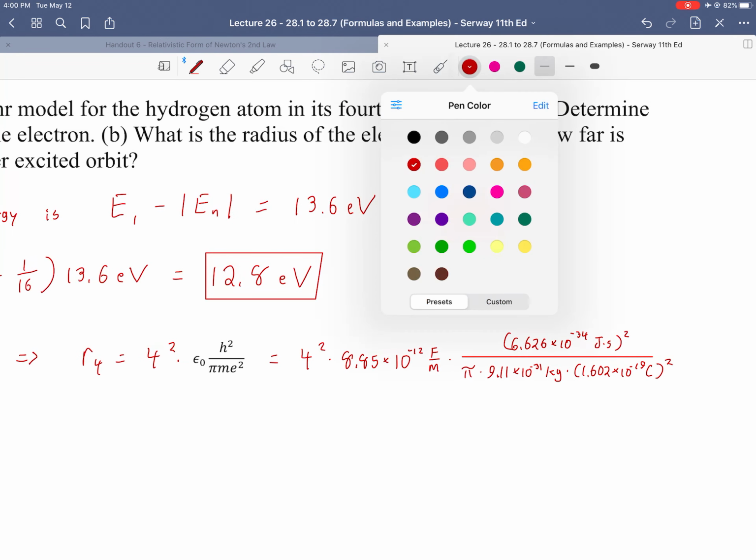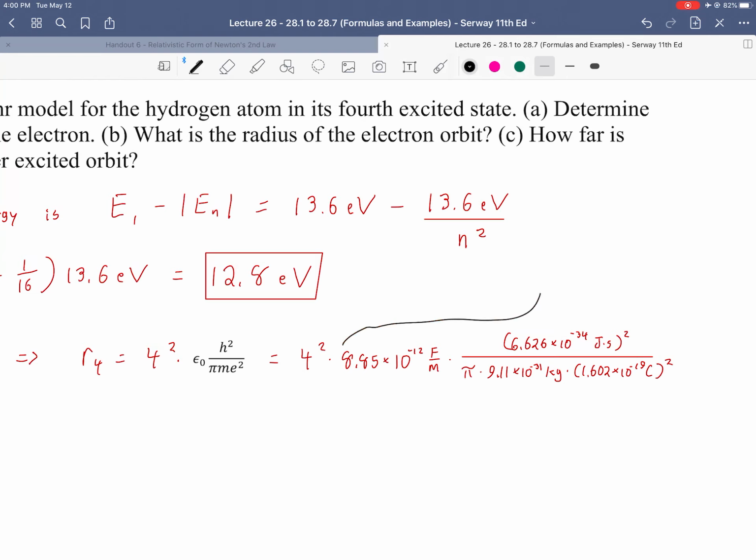Okay. All right, and then this whole part here, we'll get a numerical value for that, and that's going to be our value for a naught, the ground state radius. So this whole thing is a naught, and it should be equal to, let's see, 5.29 times 10 to the negative 11 meters.